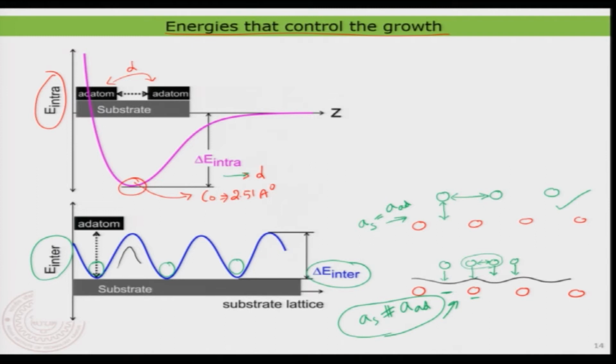They are going to actually just contribute in a negative way. That means the stabilization is not going to be controlled by both the interactions together, and stabilization is only controlled by one of the energy contributions. So, let us look at that in detail.